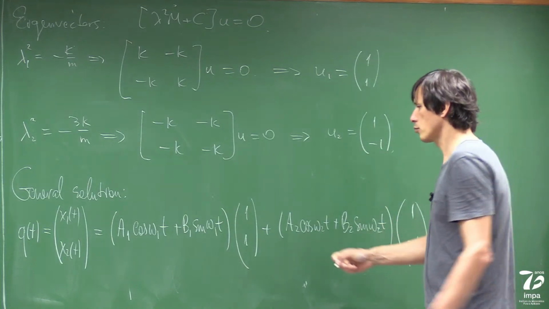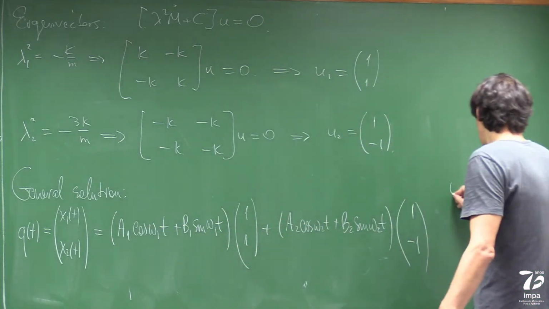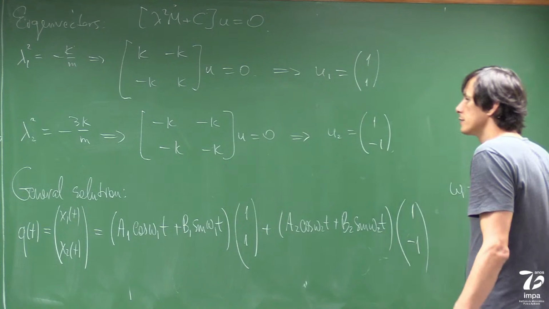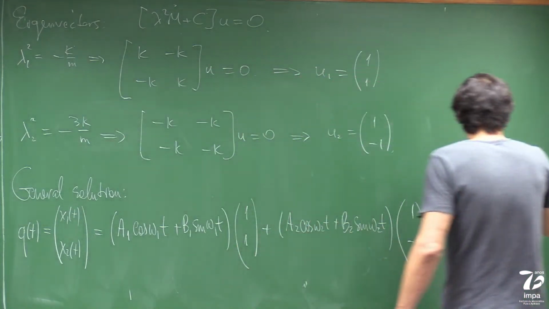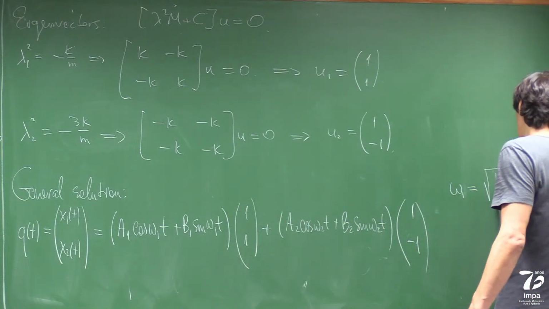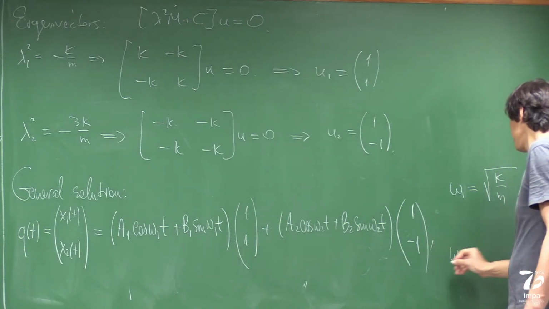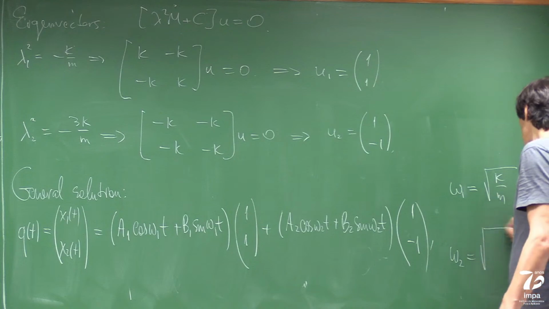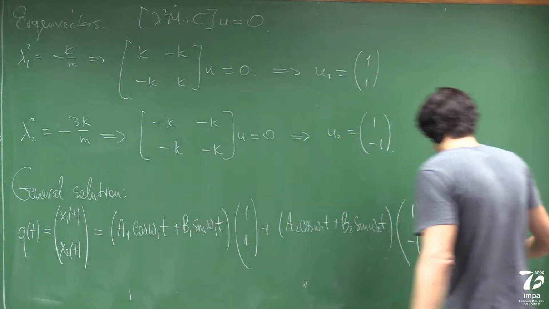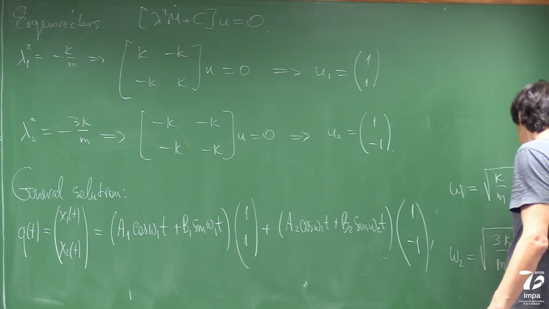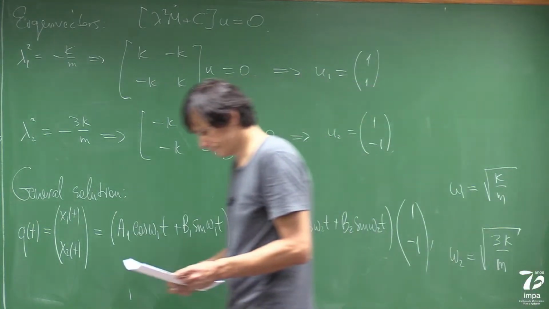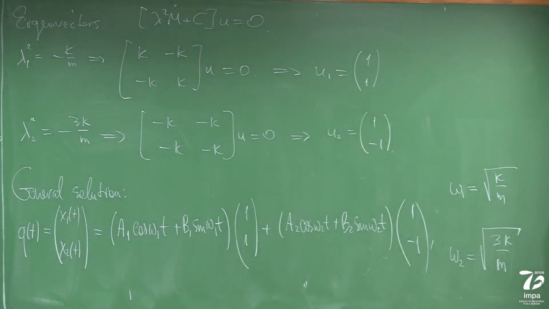And remember that we have two frequencies. Omega 1 is the square root of this, and omega 2 is the square root of the second. Good. So finally, we can interpret what we got.